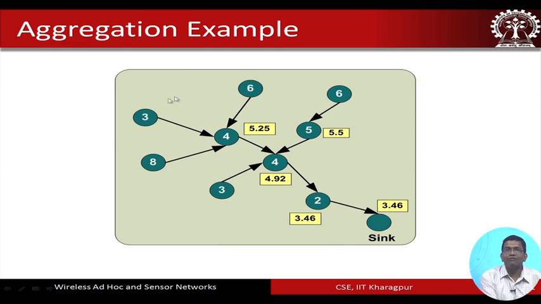If we take the average of all of these, that average value of 5.24 could be reported to the next hop neighbor. Similarly, for 5.25, 4, 5 and 3, their average could be taken, and the average of 4.92 can be reported further, and so on. This is how the aggregation function occurs. We have taken a simple aggregation function, the average, and these average values are finally sent through a multi-hop path to the sink node.